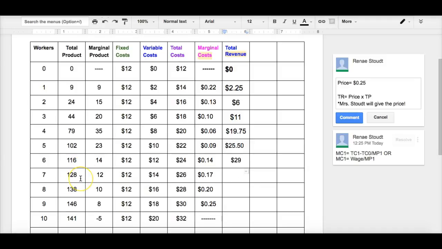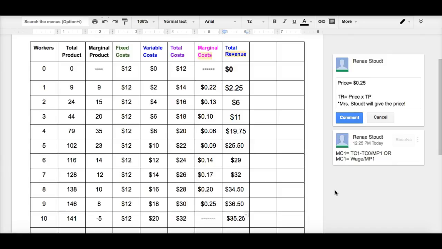At 7 workers, we're taking 128 times 25 cents, and that will give us $32. At 8 workers, we're taking 138 times 25 cents, and we're getting $34.50, right? At 9 workers, we are taking 146 times 25 cents, and we're getting $36.50. And last, we're going to take 141 airplanes times 25 cents to get $35.25.